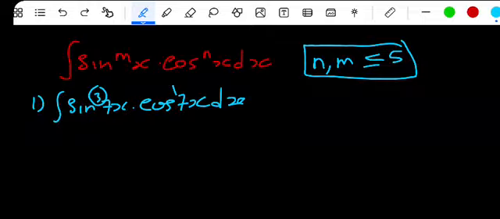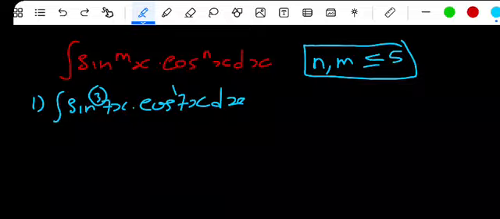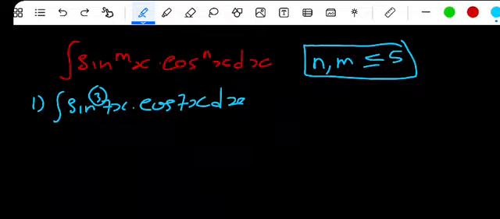The aim is to make sure that we have one exponent. If you are given a product like this, this is trigonometry, so make sure that one of the two has exponent 1.